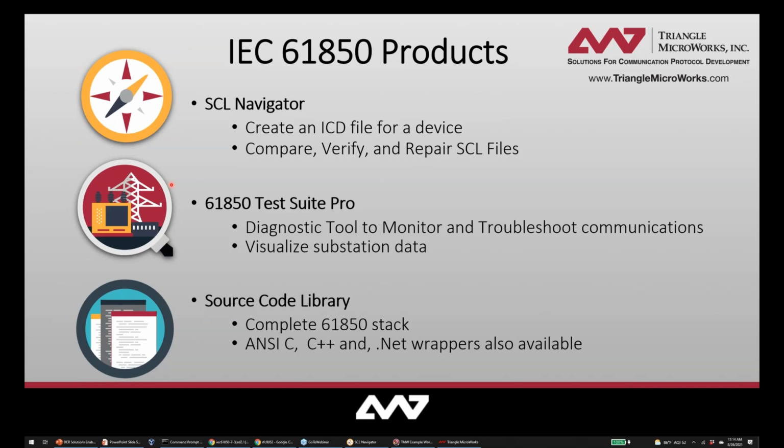It's a template file that explains the data model and the services available, the capabilities of the raw devices that come from the factory. The vendors need to provide that file, so SCL Navigator's primary purpose is to ease that process, help guide vendors through creating that ICD file.